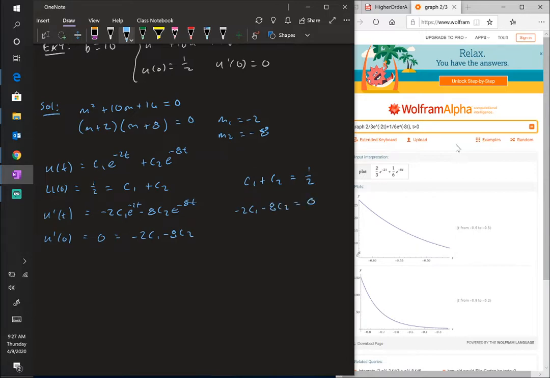So what can we say? If I multiply this by 2 and add them together, I get -6C2 = 1. So C2 = -1/6. Yeah, that's right. And then C1 = 1/2 + 1/6, which is 2/3, right?